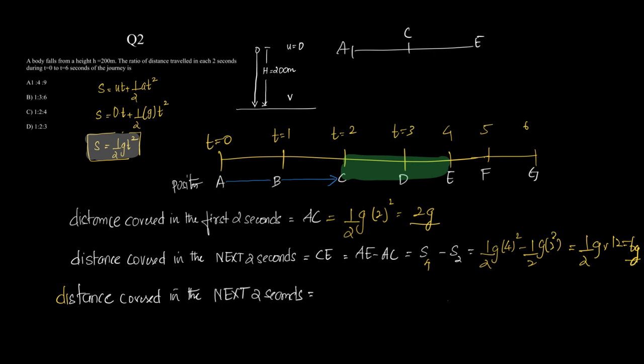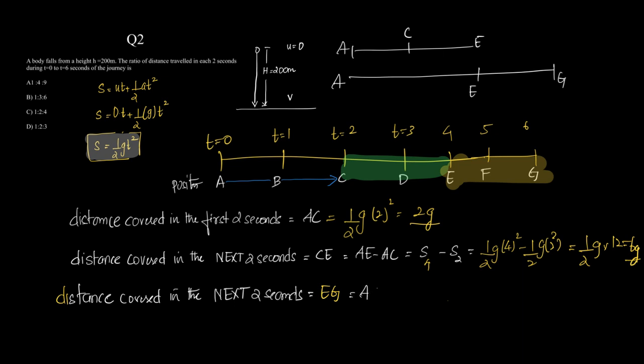It is primarily EG, right? And how can you find out EG? EG will be equal to AG minus AE.